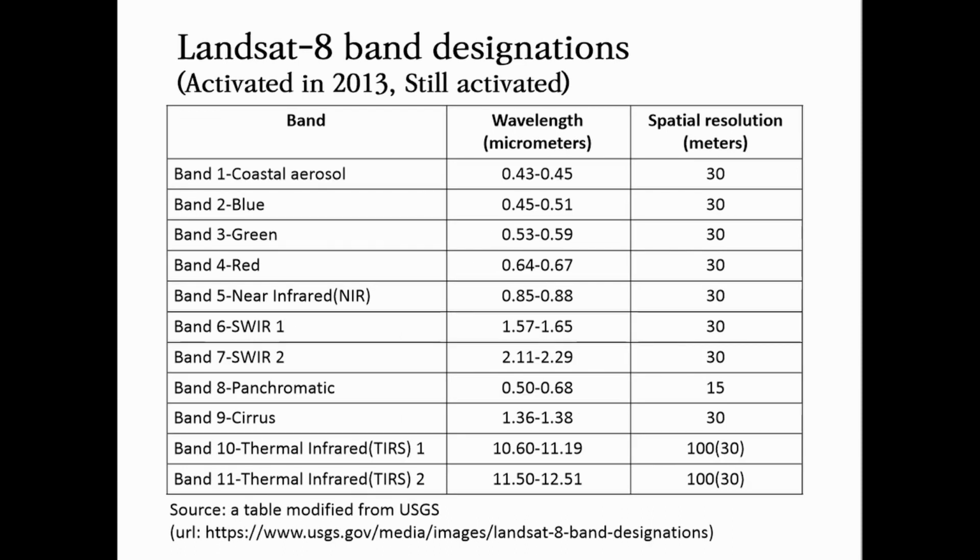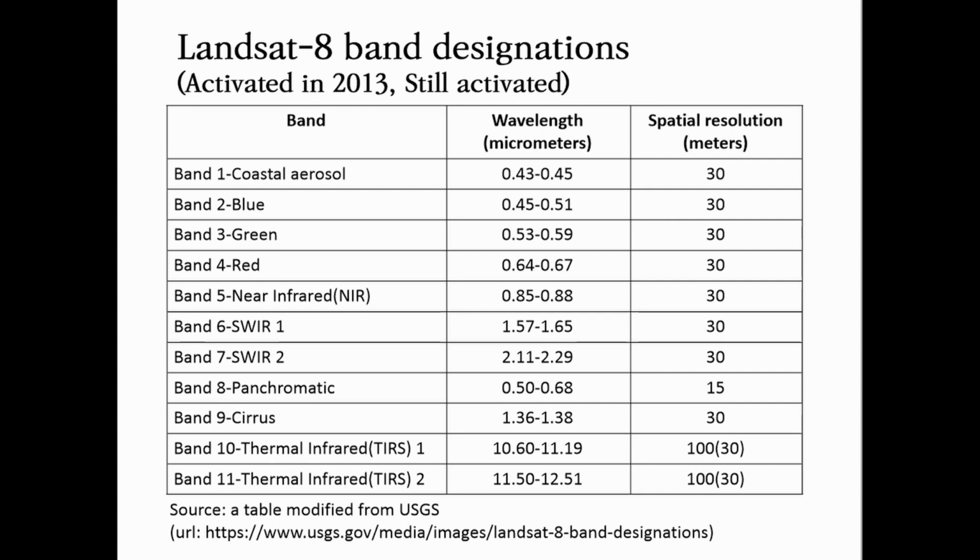This table shows the Landsat 8 band designations. Landsat 8 images consist of 11 bands. Band 1 is the coastal aerosol band. Band 2 is the blue band. Band 3 is the green band. Band 4 is the red band. Band 5 is the near infrared band. Band 6 is the shortwave infrared band.